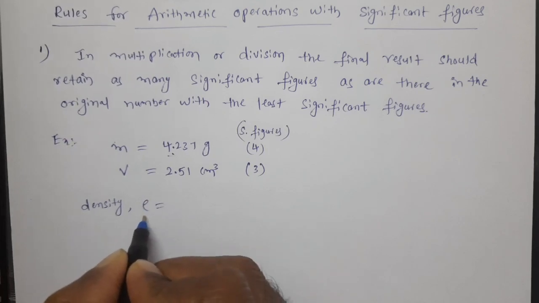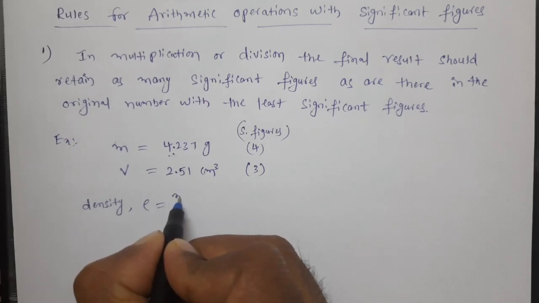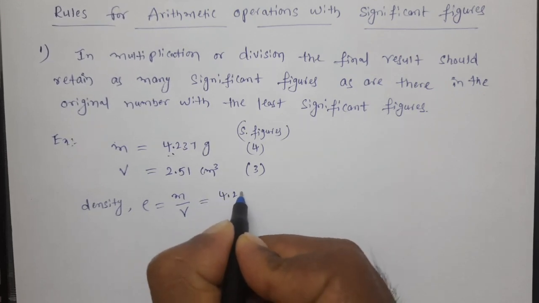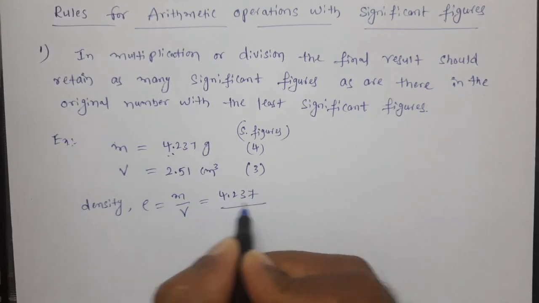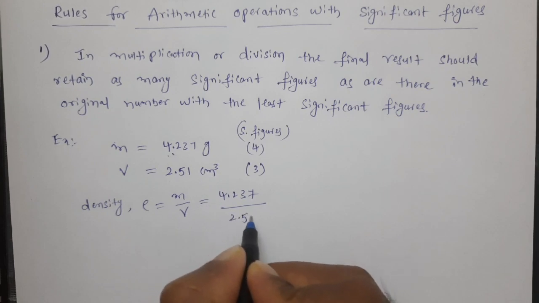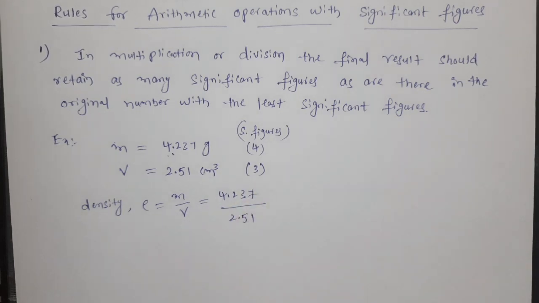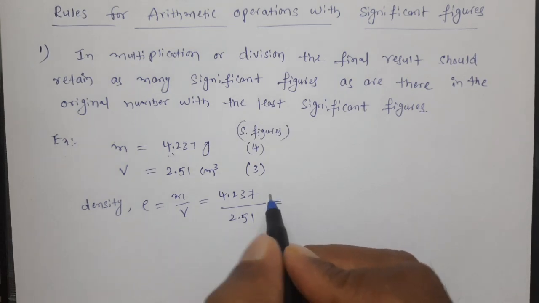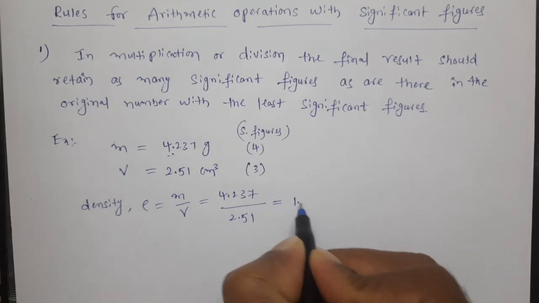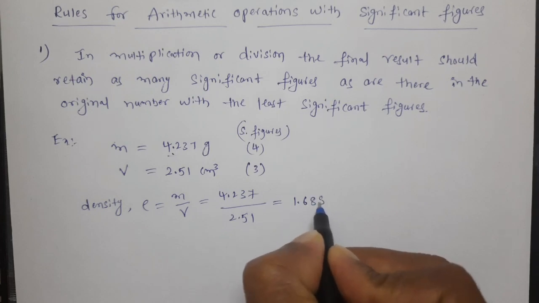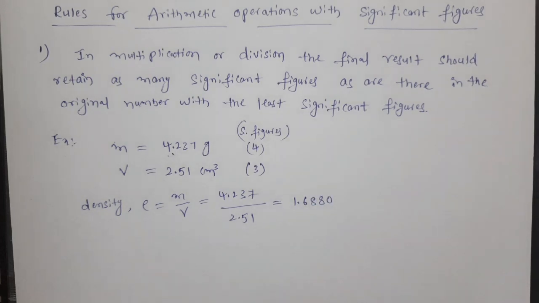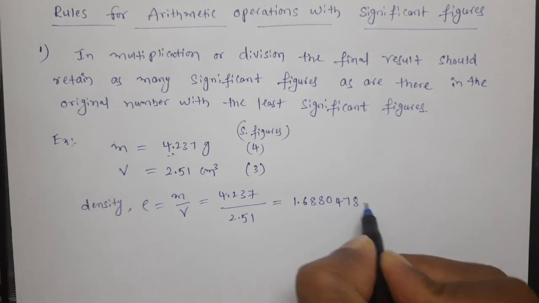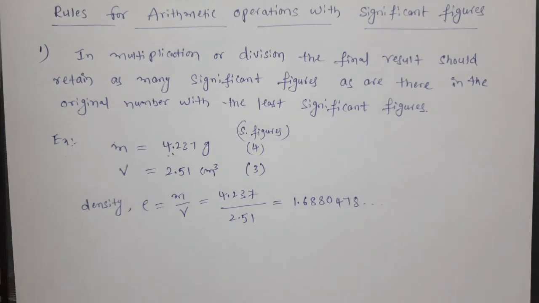Usually we represent it with rho, that is mass by volume. Mass is 4.237 by 2.51. If we do this on the calculator, we will get a value like 1.6880478 and so on.